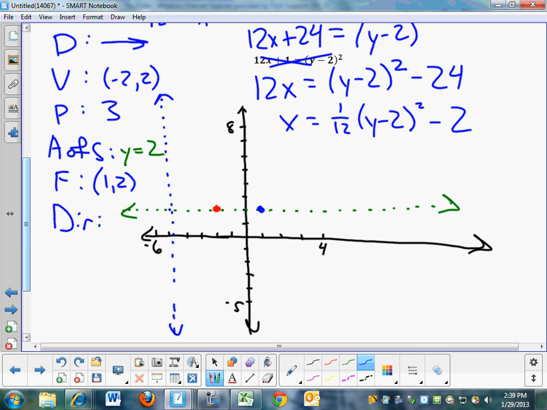Vertical line. Equation x equals or y equals? Negative 5. It's the length of the latus rectum.